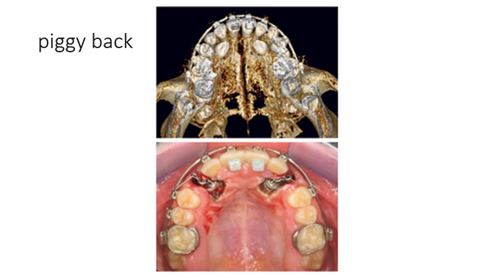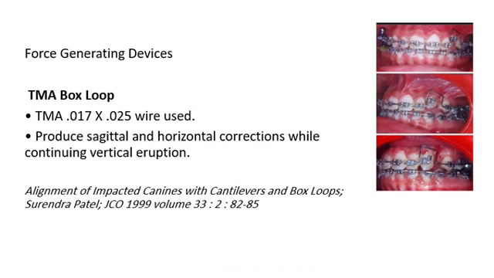Piggyback fashion is also when we use two wires, one rigid and one light wire. TMA box loop, 17 by 25 TMA wire used, produces sagittal and horizontal correction while continuing vertical eruption.